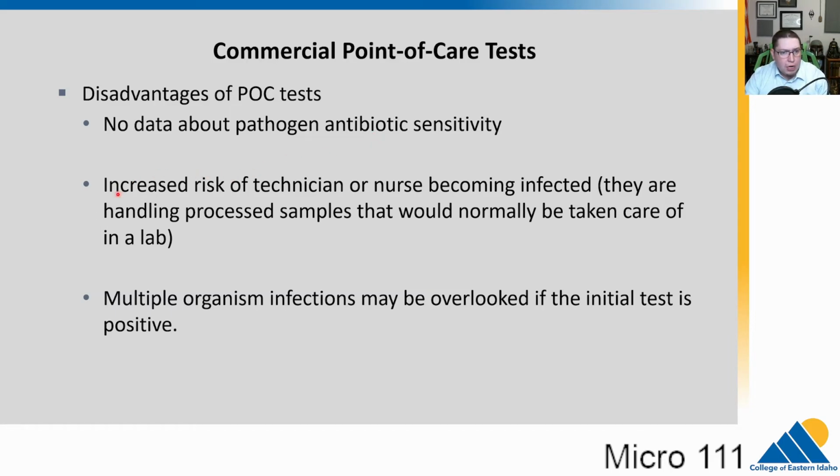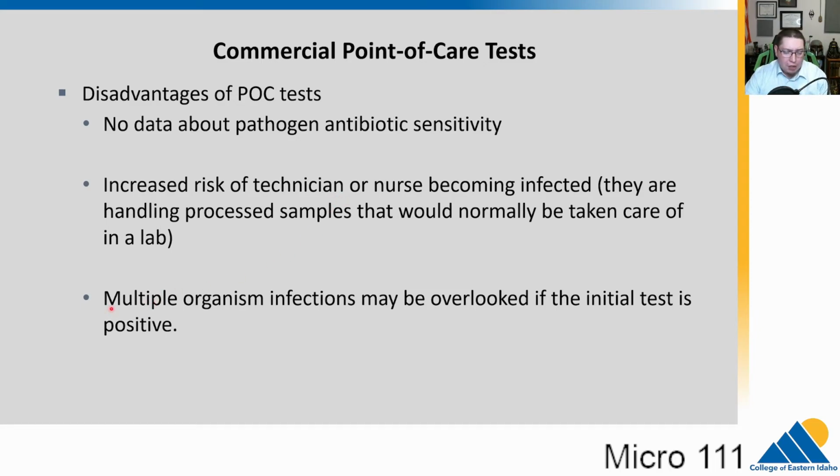There is an increased risk of technicians or nurses or whoever's doing the test becoming infected because you are handling a sample from someone else that would normally be taken care of in a lab. So understanding proper procedures for taking these samples and processing them is key.